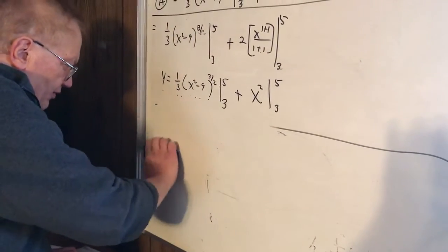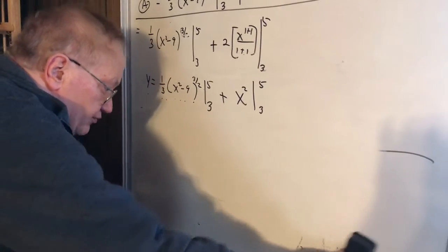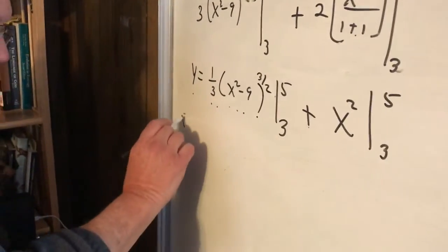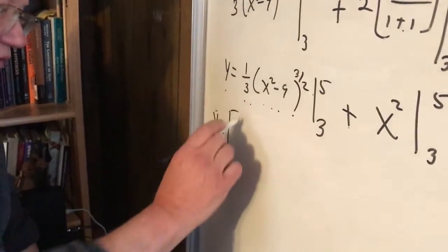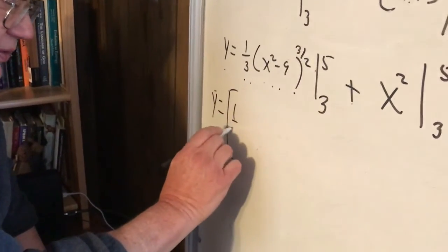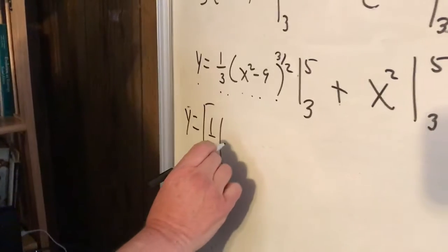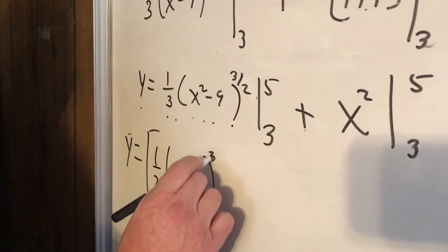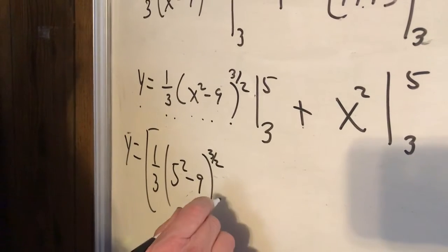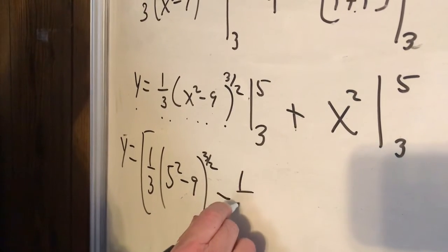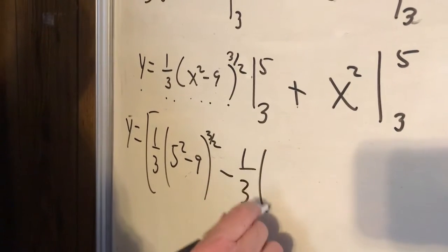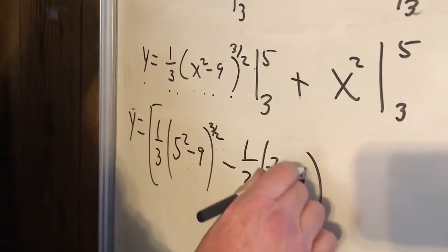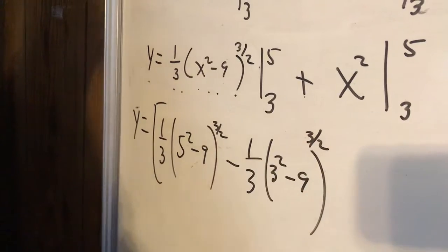What is the numerical value of this integral? So let's see. Y is going to be equal to, put a box, 1/3 (5 squared minus 9) to the 3/2, minus 1/3 (3 squared minus 9) to the 3/2.